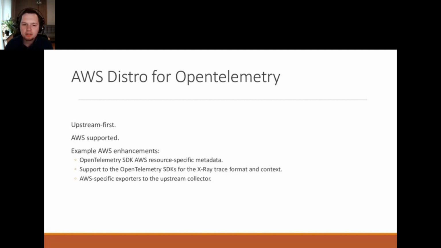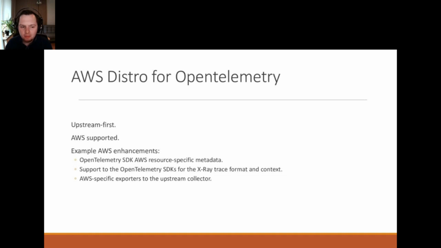It supports different languages like Java, .NET, Go, Python, JavaScript, and probably some more already. Why did AWS decide to build that? Well, because they wanted to include their tooling and their support for their services.